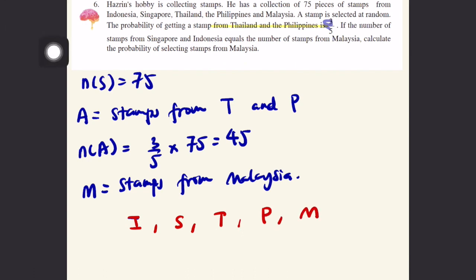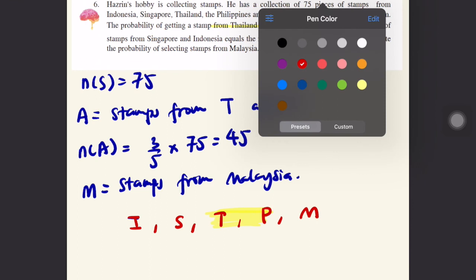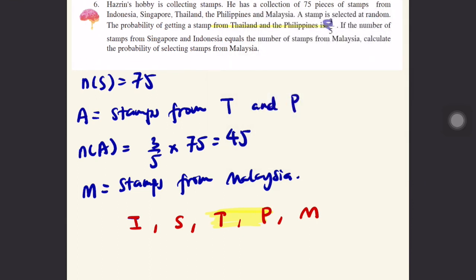Earlier we already knew, from Thailand and Philippines we have 45. We have 45 stamps over here. And then the total of all of these is 75.